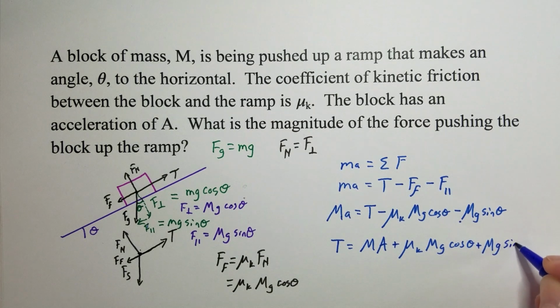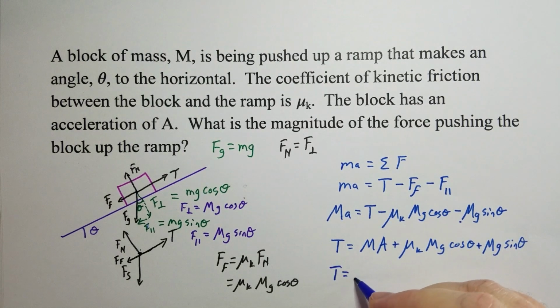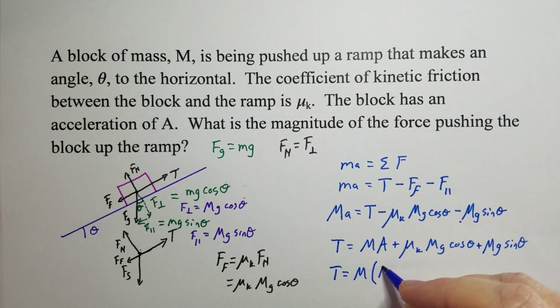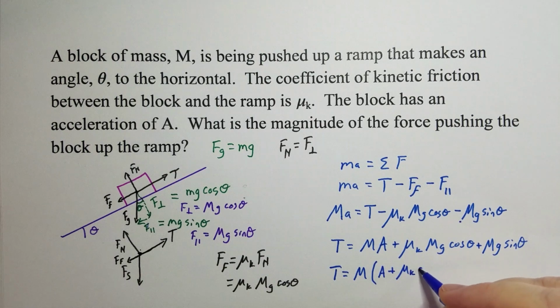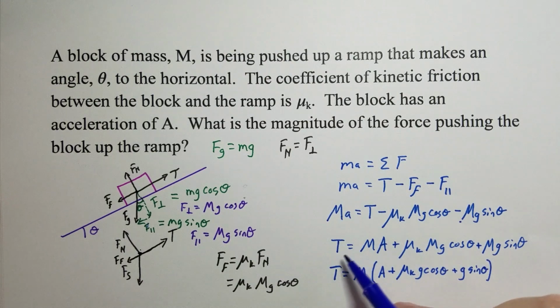Mg sine theta. I can make this a little bit prettier by pulling out the m's. Sine theta plus g sine theta. But that will be the solution to figure out the force up the ramp to get it to accelerate at A.